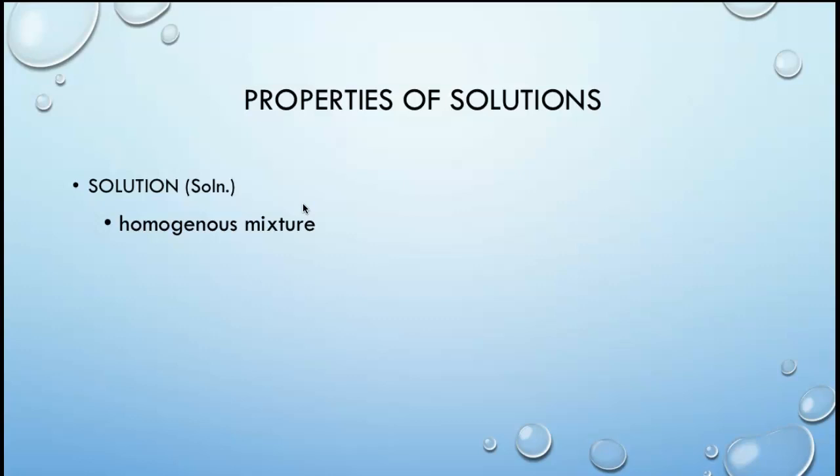Now, mixtures can be heterogeneous or homogeneous. A homogeneous mixture is a mixture that has a uniform composition at the molecular level. So that's what a solution is. It has a uniform composition at the molecular level.